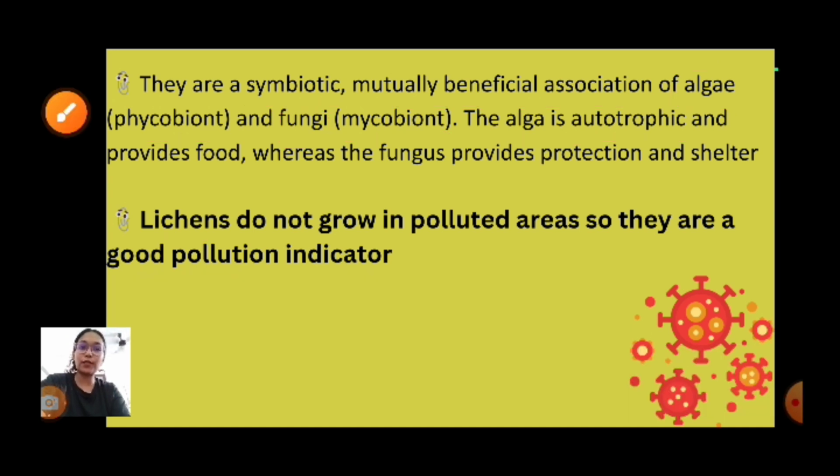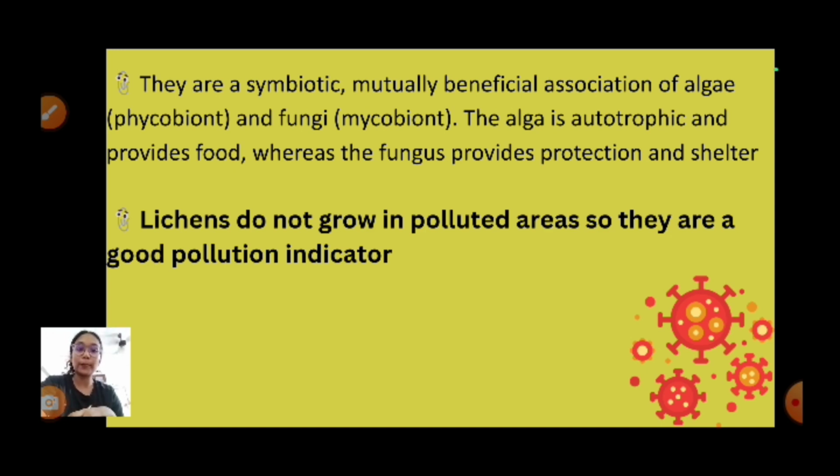So understood what is phycobiont, what is mycobiont, and how they are symbiotically associated with each other. The algae do photosynthesis; since they are autotrophs, they make food and give food to the fungi, and in return the fungi give shelter and protection to the algae.